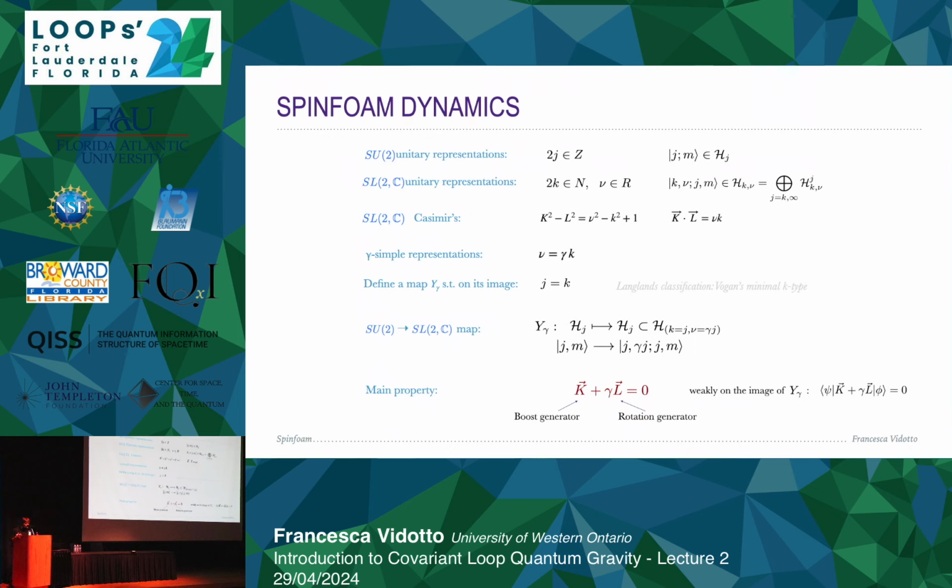But even more, because of the relationship between these Casimirs, I have also to impose that my j is equal to k.